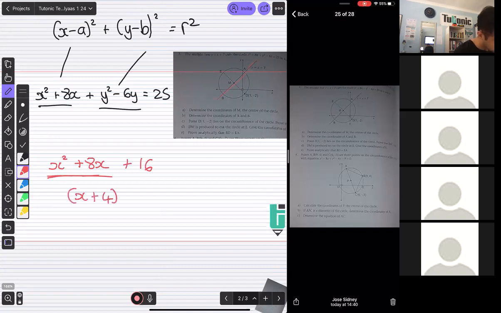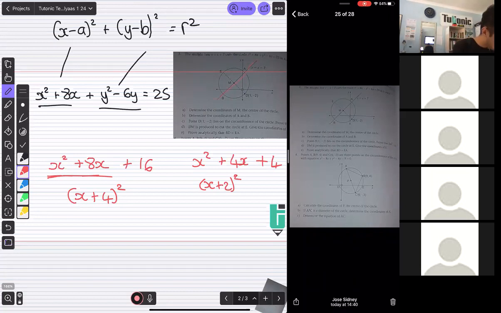Does everybody see that? Just like if I had x squared plus 4x, I have to add 4, because then that will become x plus 2 squared. Does everybody understand that? Yes.